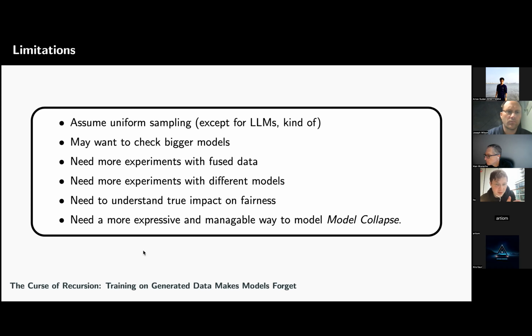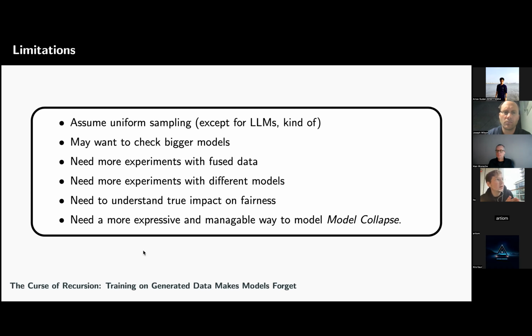We also need to study the impact on fairness. We hypothesize in the paper that because we first observed that our tails are shrinking, the minority classes and minorities represented in the original data distributions are going to suffer first in model collapse, but we don't have real evidence to show this. It would be great to study the fairness impact. And importantly, we probably want a much more expressive and manageable way to model the model collapse phenomenon.